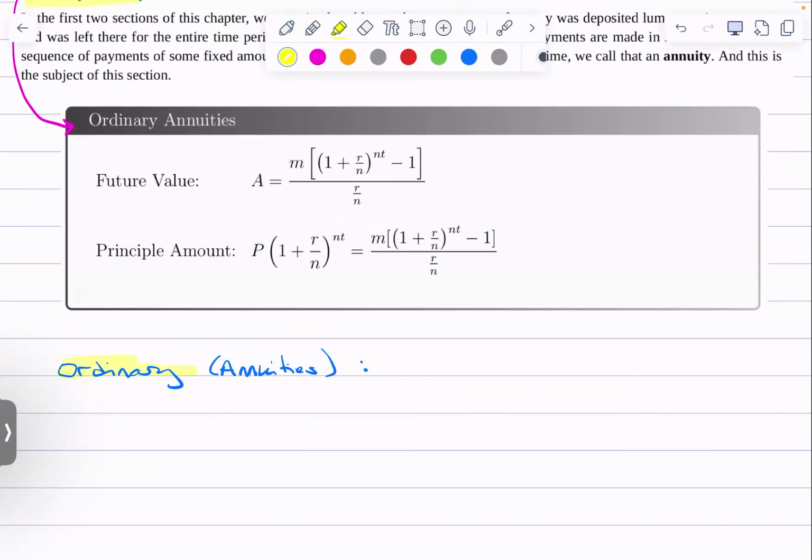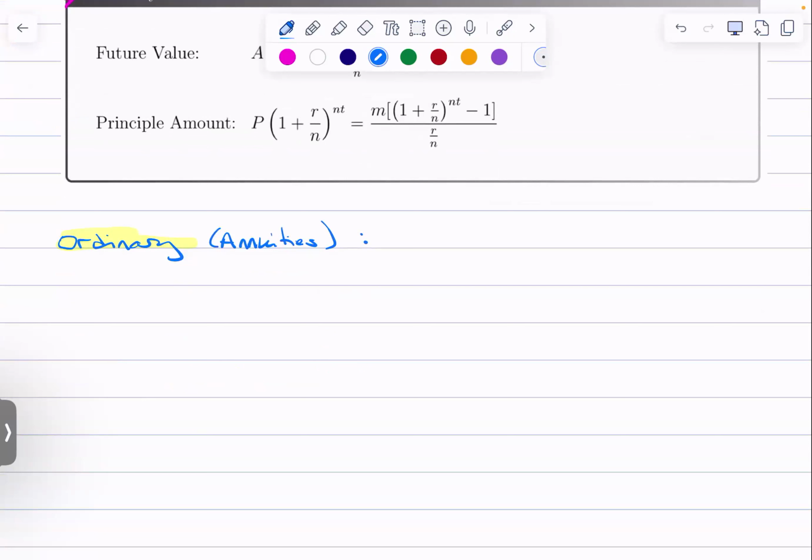So the ordinary part means that the payments that you're making, usually we're making these payments either to pay off a loan or to create savings, but either way, we're making payments. The ordinary part means that we're making payments at the end of the payment period.